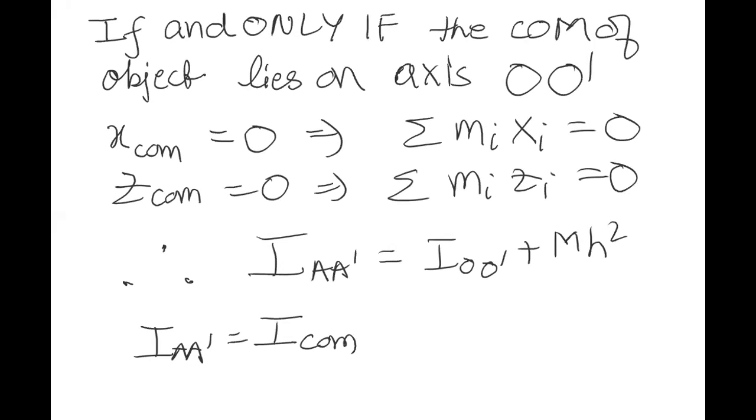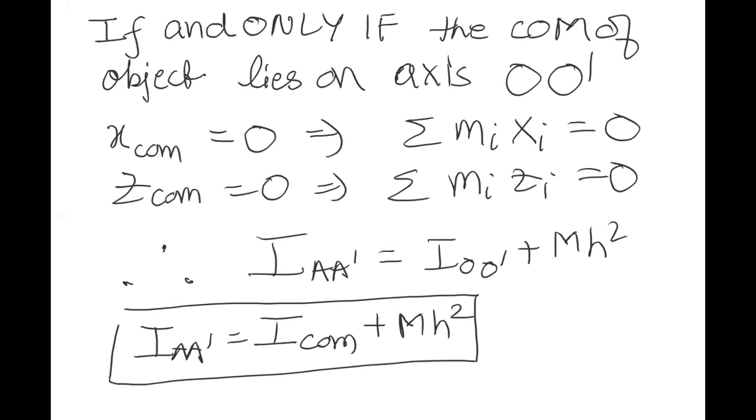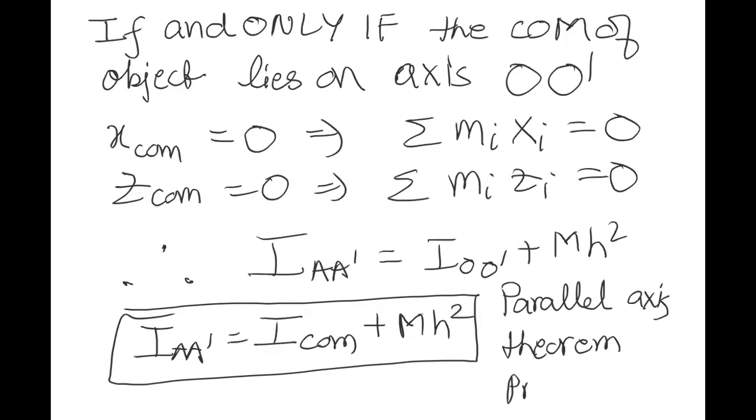That means the moment of inertia of the object about an axis passing through the center of mass, plus mh square. This in physics is called the parallel axis theorem. So please write this down.